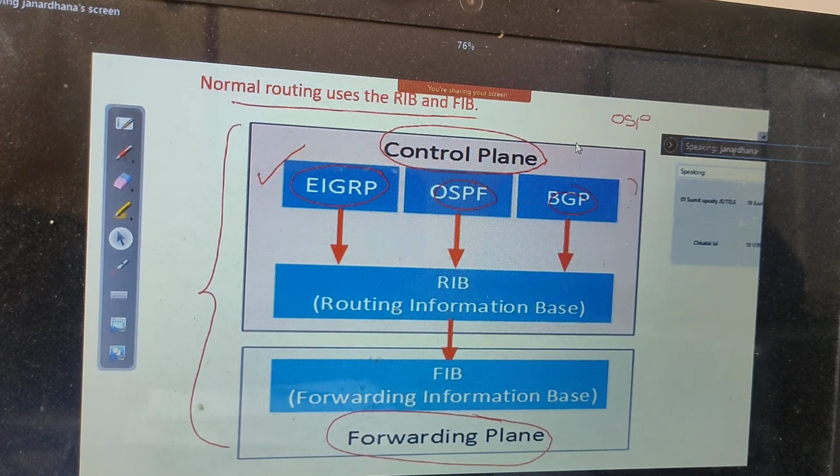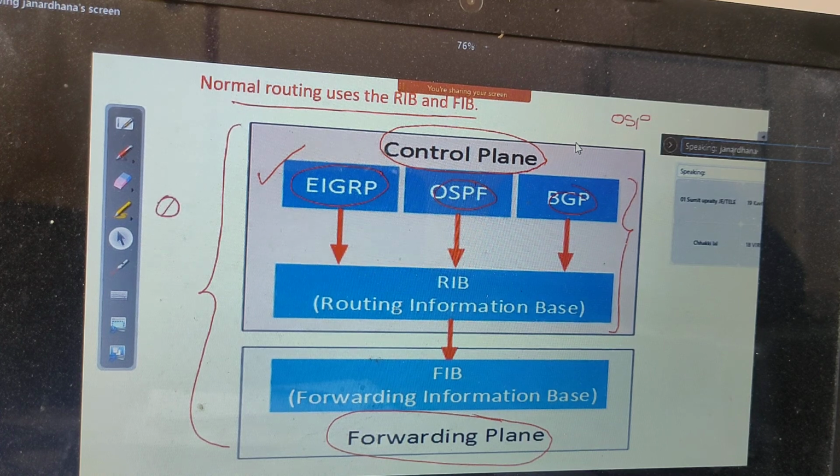The control plane, which has the protocols, will take the decision making. That will be called the control plane. It has a routing information base, which will be called the RIB.